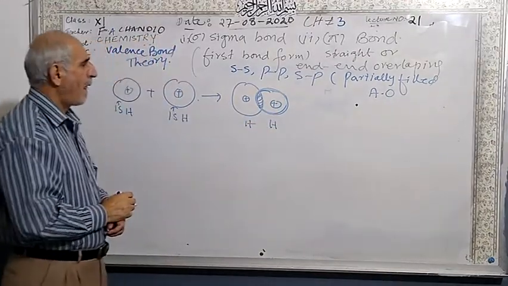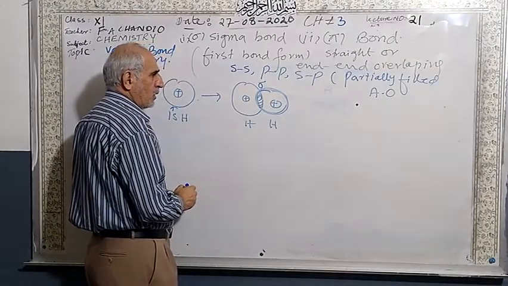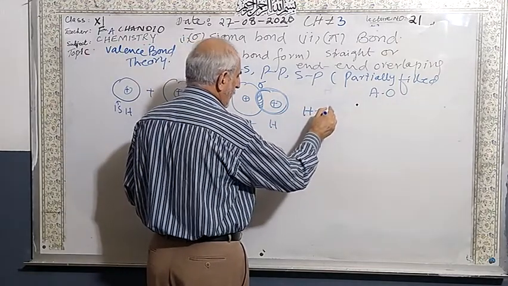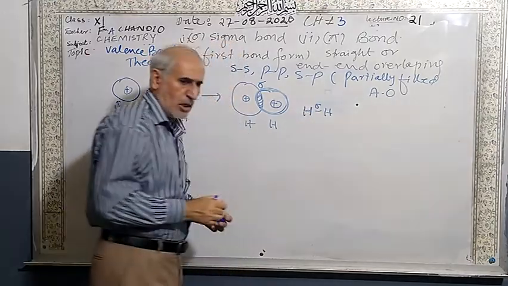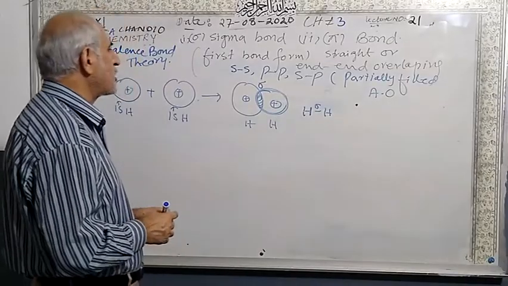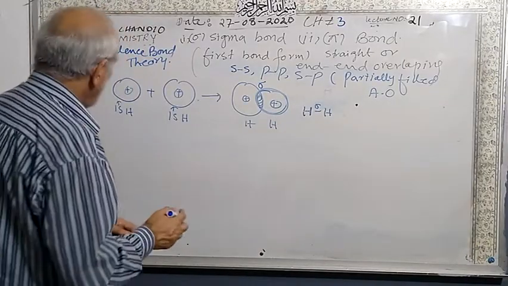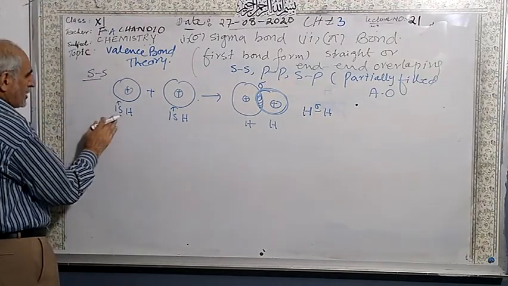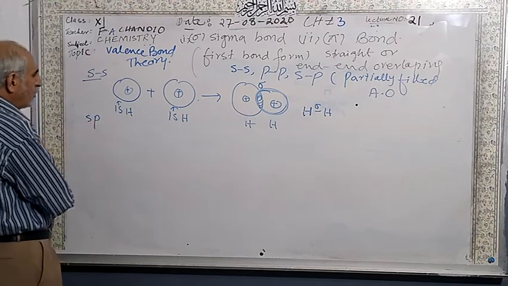So this is called a sigma bond. A sigma bond is formed between hydrogen and hydrogen. This single covalent bond is called a sigma bond. This is between S and S, half filled, half filled.